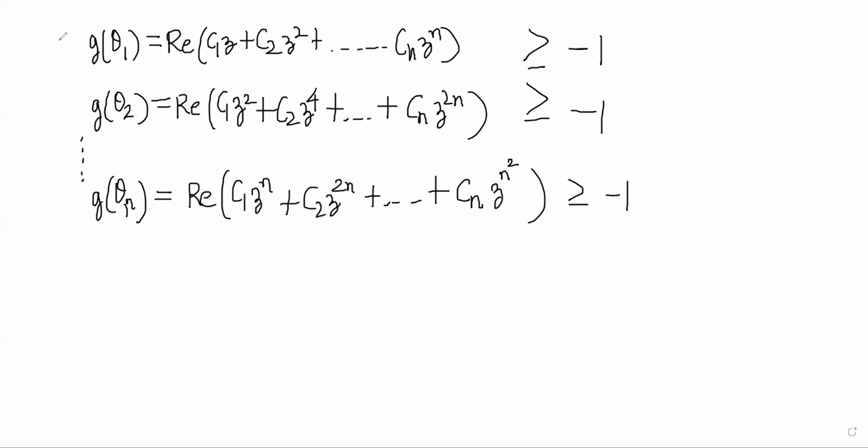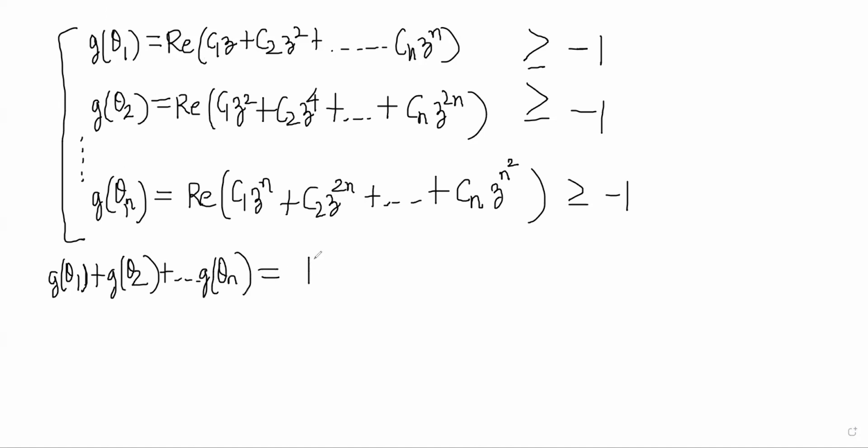If you add up vertically all of this, you get g of theta 1 plus g of theta 2 till g of theta n is equal to the real part of, think about adding all of this. This will be c1 common, z plus z square plus z power n.